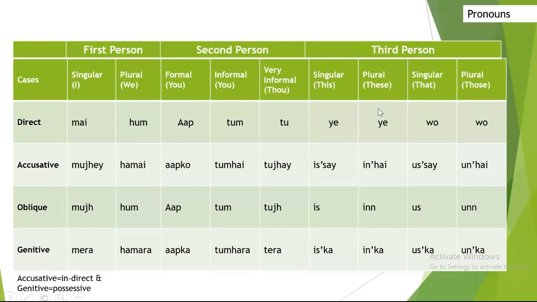Now let's move to the third person, direct form of the case. Singular is this and these: ये. This is a boy. ये एक लड़का है. And the plural would be these are boys.